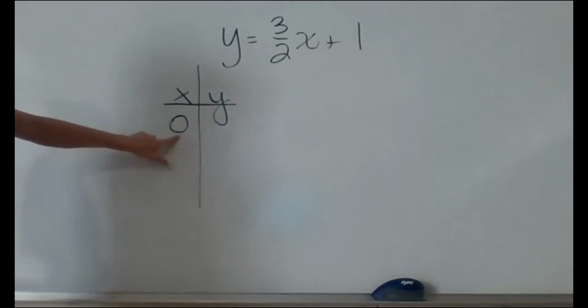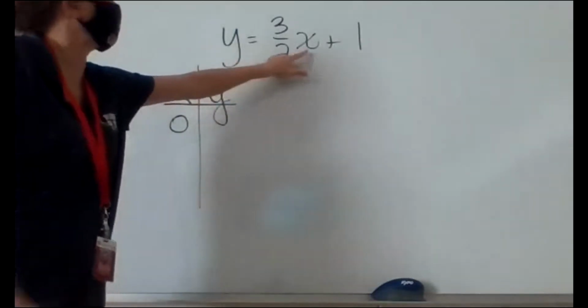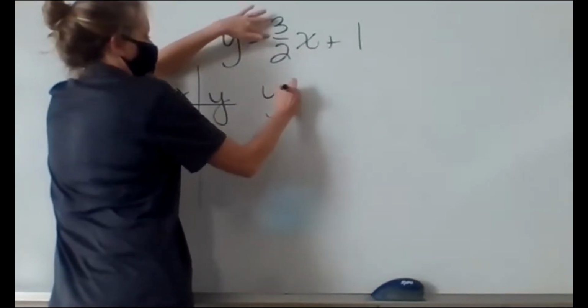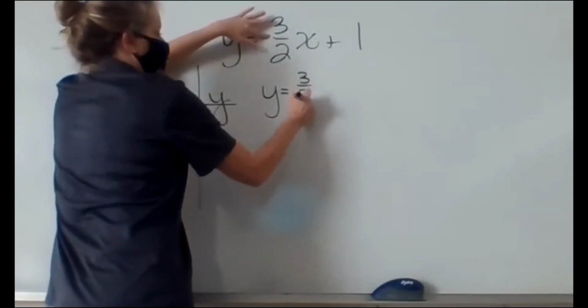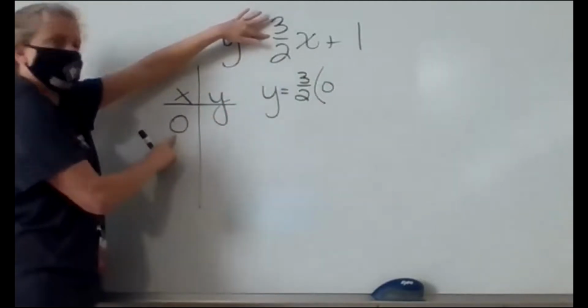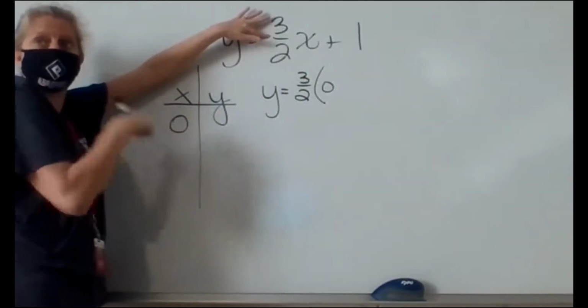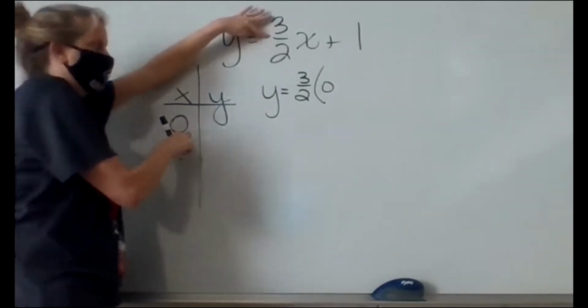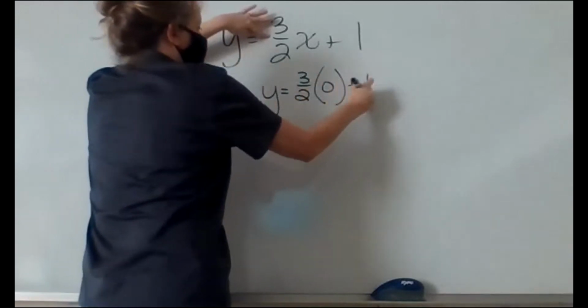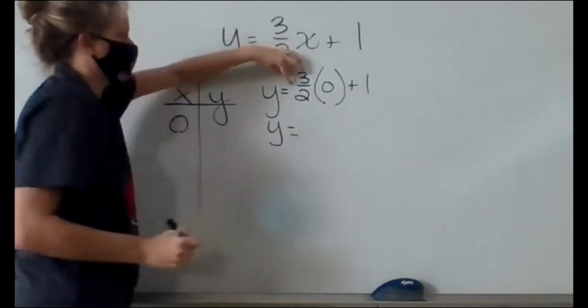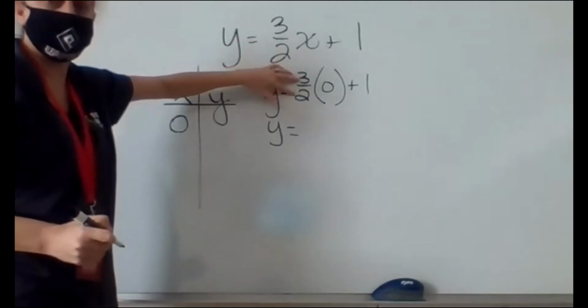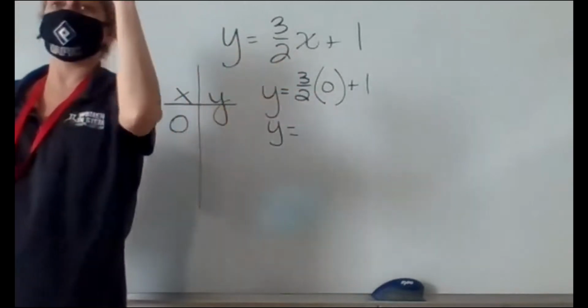So let's look. If I plug 0 in for x, I have y equals 3/2 times 0 plus 1. Here's why we like zeros: even if this is a fraction, if you multiply it times 0, you're just left with 0.